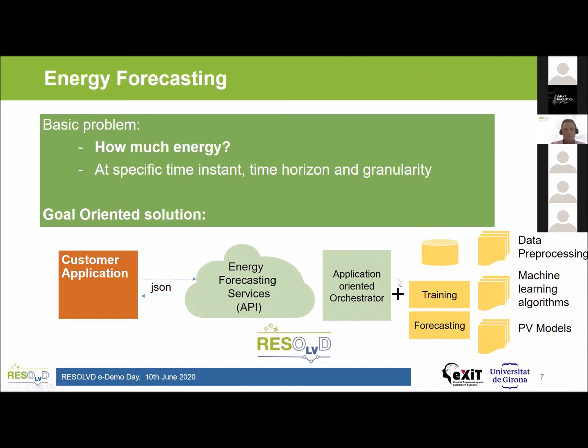And also it has an additional benefit that we not only have the processing algorithms, but we maintain a database with the results, so it's easy to make queries to these results and visualize or use them for different purposes. So finally, this is easily integrated with customer applications by using an API on the basis of web services.